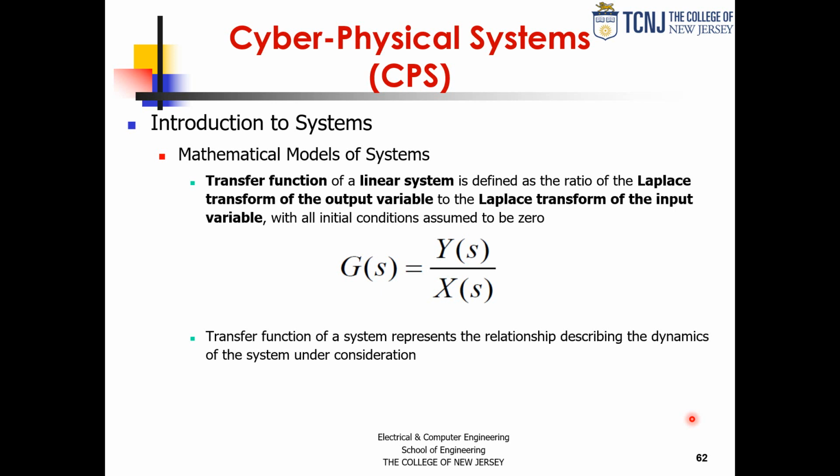So that's always easy to remember. The transfer function of a system is sort of like a gain, okay? And the gain is the output divided by the input. That's a way to remember it. And every system is going to have some type of transfer function that relates the output back to the input.